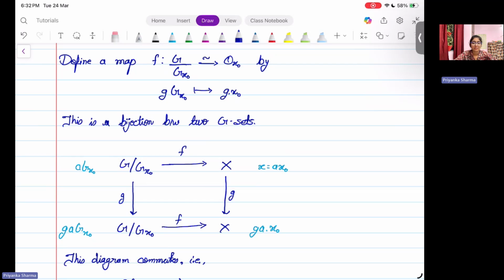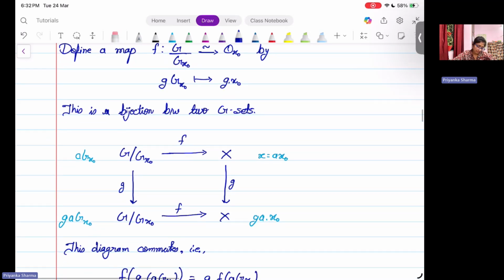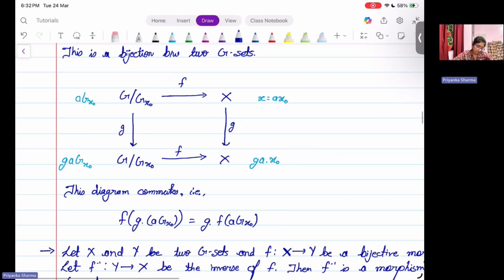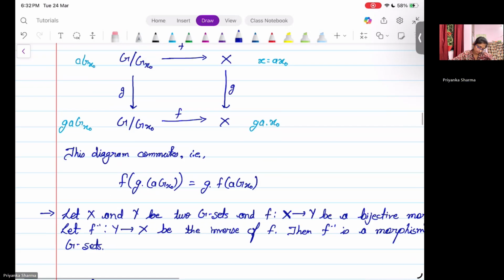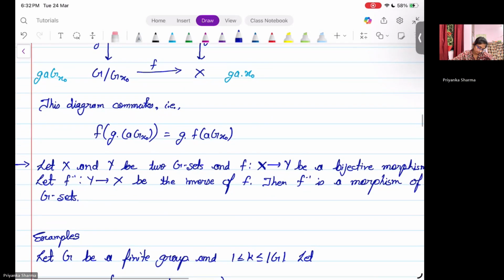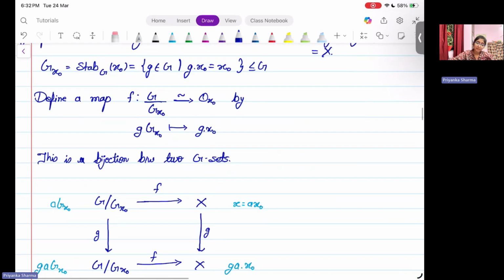This is G mod G_x naught, and this is X. So again, we can see that this diagram is commutative. Thus, this map f, which is defined from G mod G_x naught to the orbit of x naught, is a morphism.